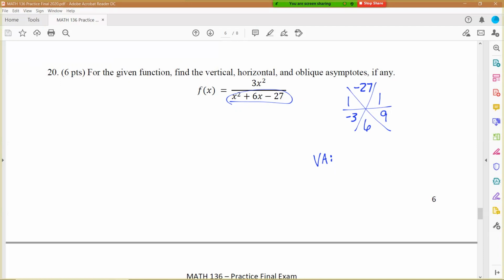So now I have factors x minus 3 and x plus 9. Go ahead and set them both equal to 0 to get your vertical asymptotes at x equals 3 and x equals negative 9.